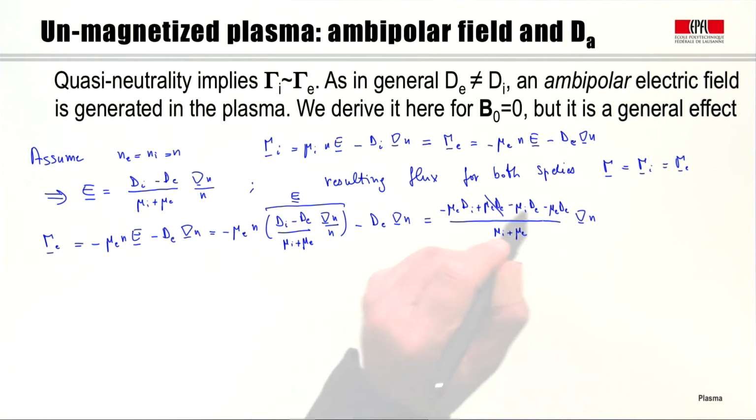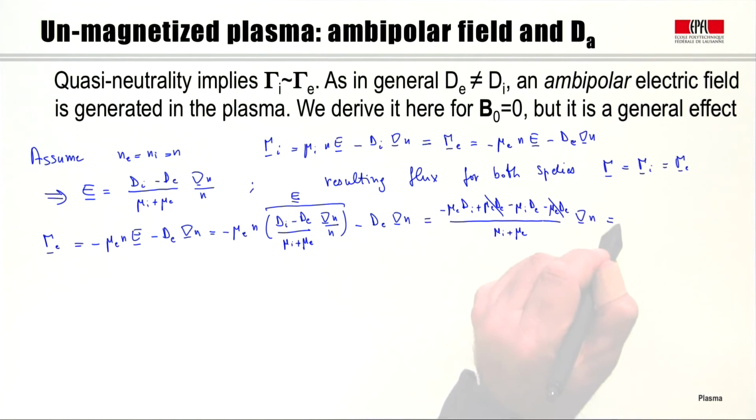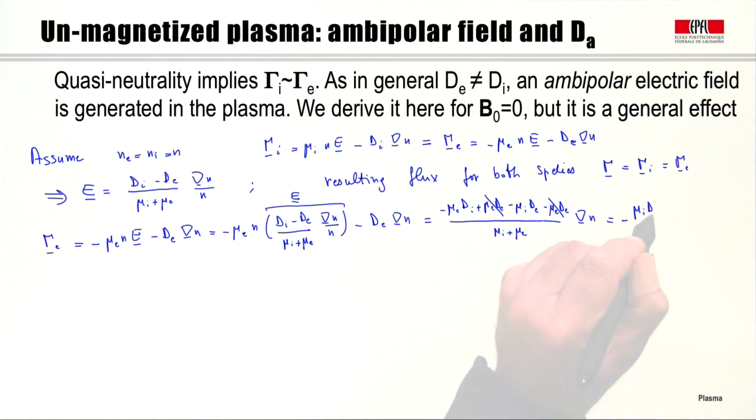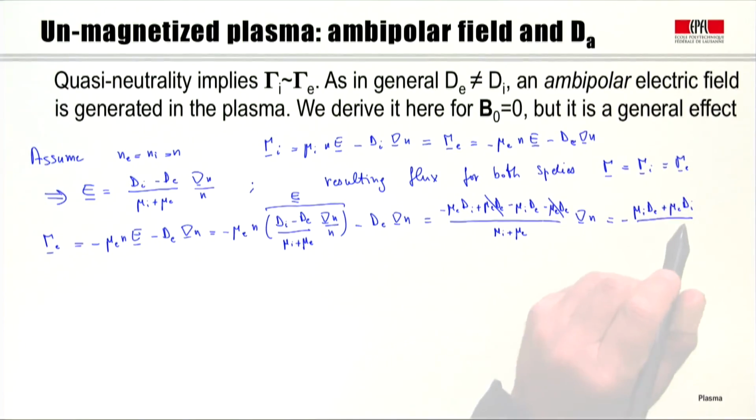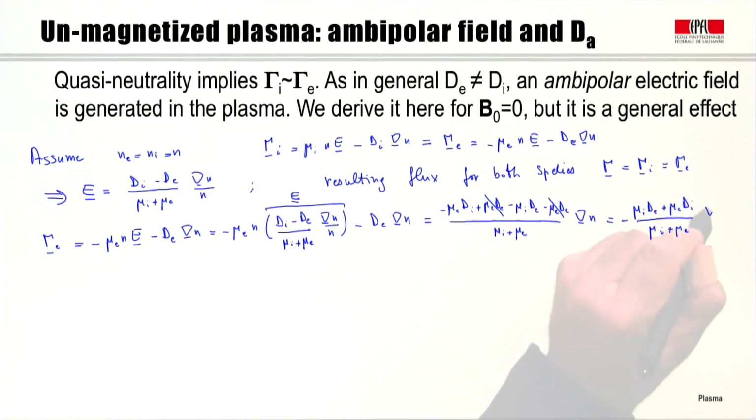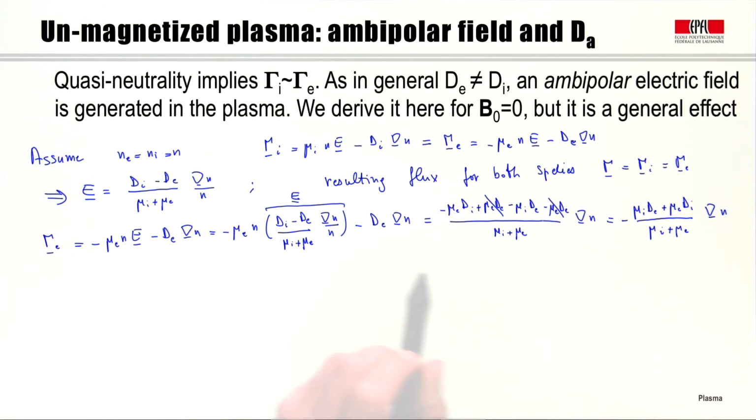So there are two terms that drop, and I'm left with something like a minus sign in front, a combination of mobilities and diffusion coefficients, mu_i D_e plus mu_e D_i divided by the sum of the mobilities times the gradient of N. Now I notice that this is a flux which is proportional, with the minus sign, to the gradient of N. So that means that the term that's in front of the gradient of N is also a diffusion coefficient.